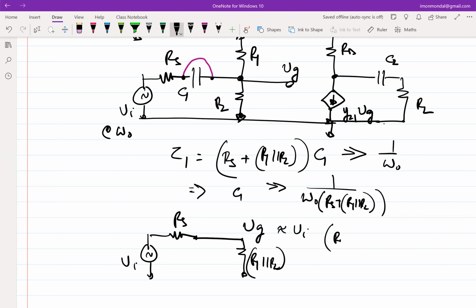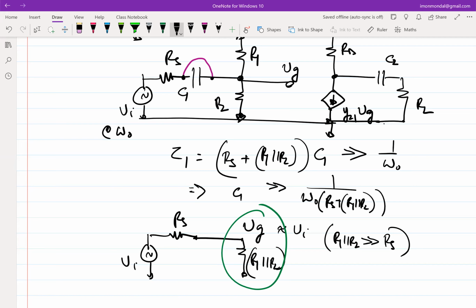I need to ensure R1 parallel R2 is much greater than RS. So essentially, this guy does not load RS. Right? So that's all we need to ensure. So if you ensure these, your design, I mean, you kind of know what values to choose, right? So any questions? Okay.